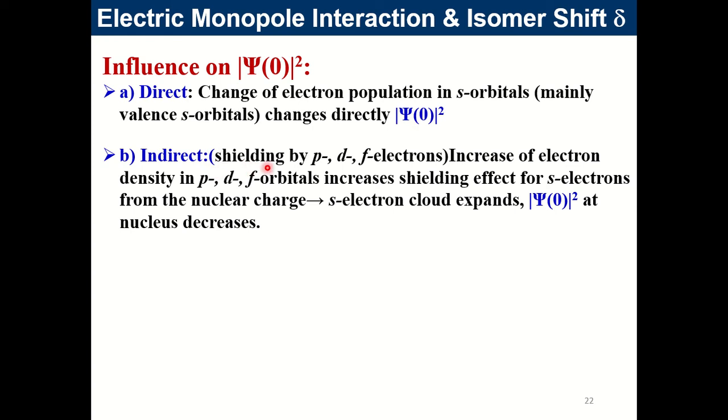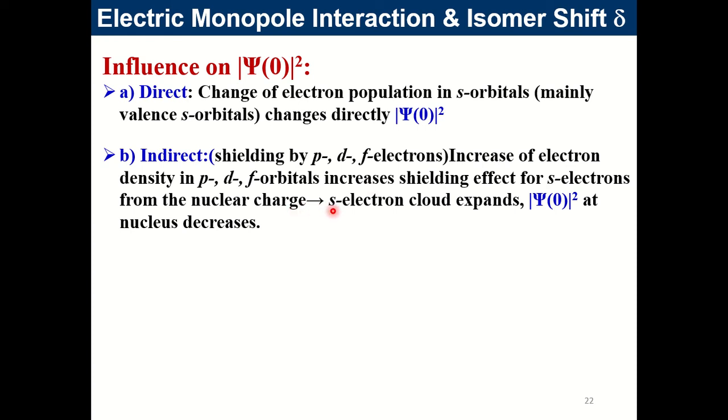Indirectly, the p, d or f electrons will also contribute because, as I discussed, they can increase or decrease the shielding. So when you take away one electron from the d orbital, the shielding is decreased. When you add electrons to the d orbital, the shielding of 3s and 4s increases.